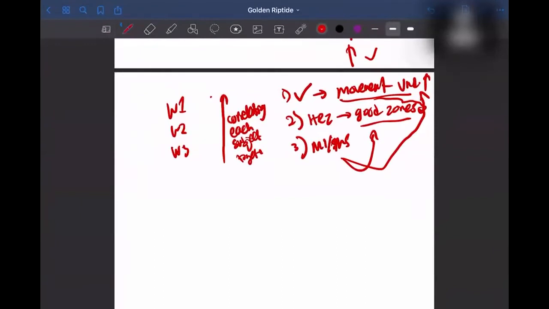See, it broke that one easily. Broke that one easily. So there's a chance it will just come back up to the blue box.